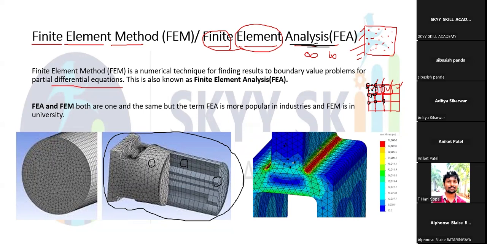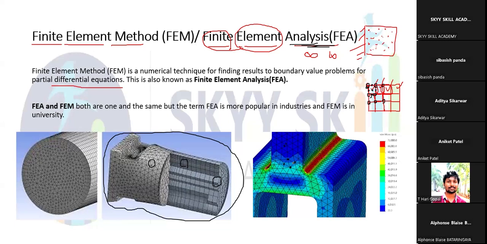And over here, we have lots of other things as well. The finite element method is actually divided into three parts: 1D analysis, 2D analysis, and 3D analysis, or 1D meshing, 2D meshing, and 3D meshing.